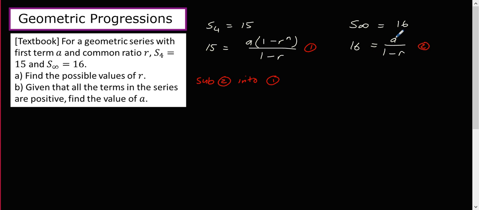A over 1 minus r, we've got a over 1 minus r here. So we can say that 15 is equal to 16 lots of 1 minus r to the n, thereby eliminating the a. And then we can work out what r is.